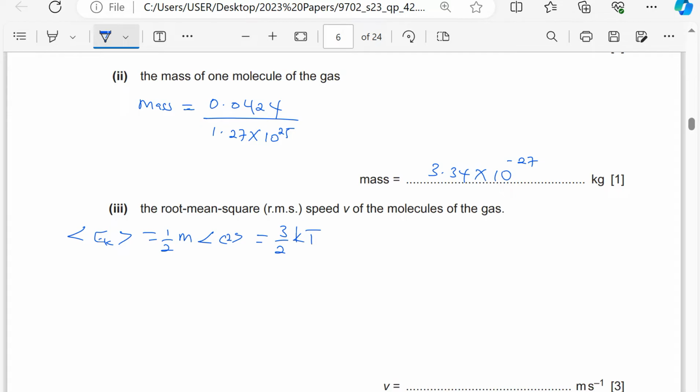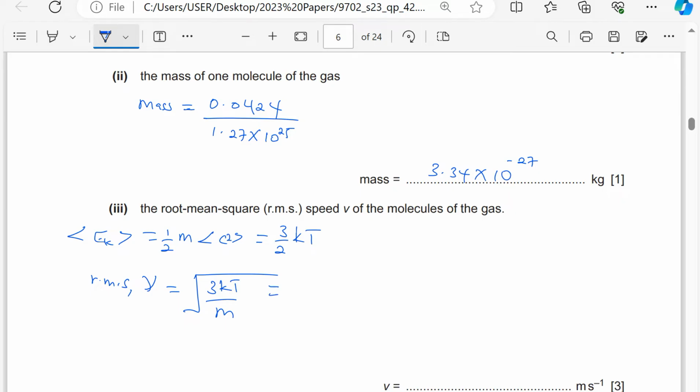Since we know k and T, I want to find the root mean square speed v. I divide by m, so v is the square root of 3kT divided by m, because the half cancels.